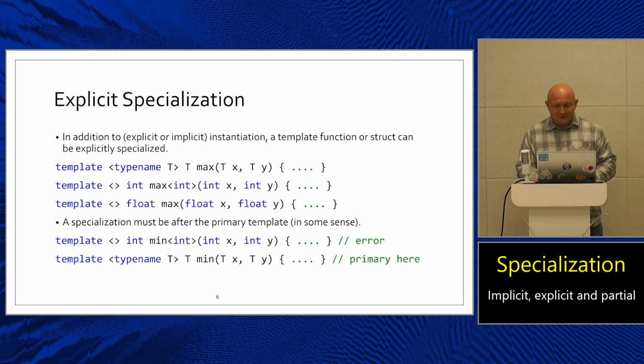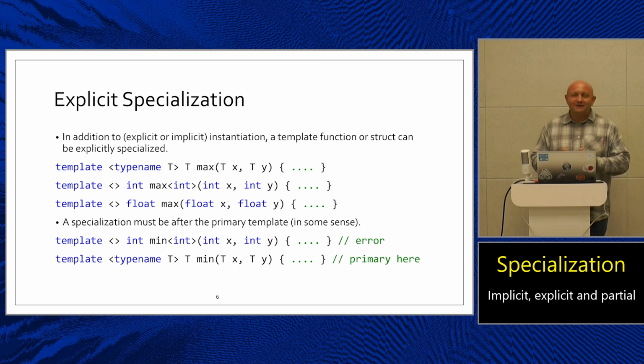Okay, let's go further, and let's move on to explicit specialization. This is another option we have besides letting the compiler instantiate templates for us. Because if the compiler is instantiating a template for us, it cannot write different code inside it. And if we are doing this, we can write virtually everything.